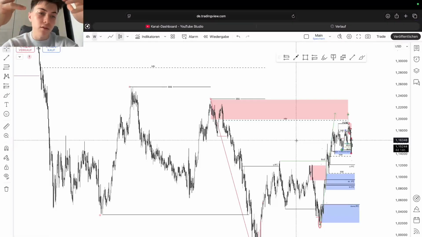But you expect in theory expansion from these structural relevant POIs, which you're gonna mark. Then there is still a demand to supply to demand POI, which can act as a decision in theory, which can give also pretty nice reactions.